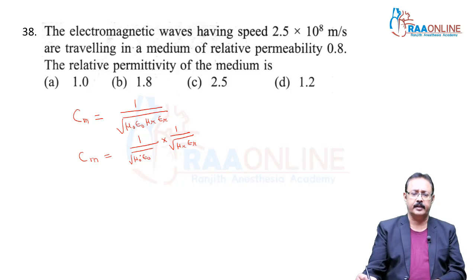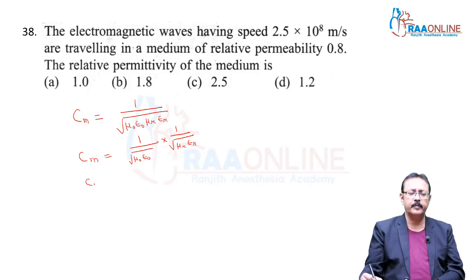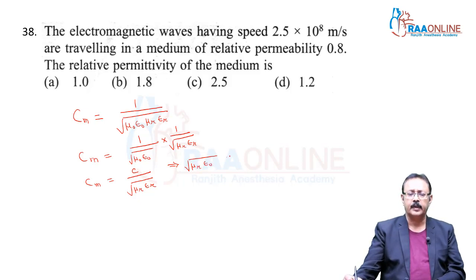It is C. So Cm is equal to C, the speed of light in air or vacuum, upon under root mu r epsilon r. So we can see that under root mu r epsilon r can be calculated by C by Cm.